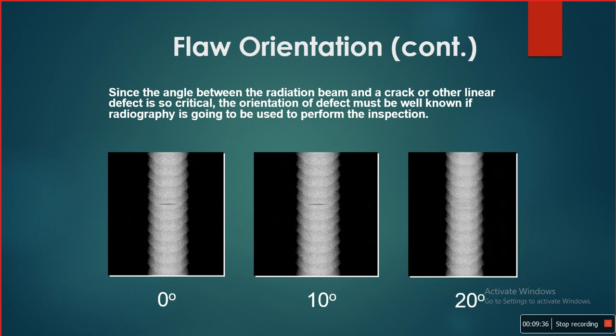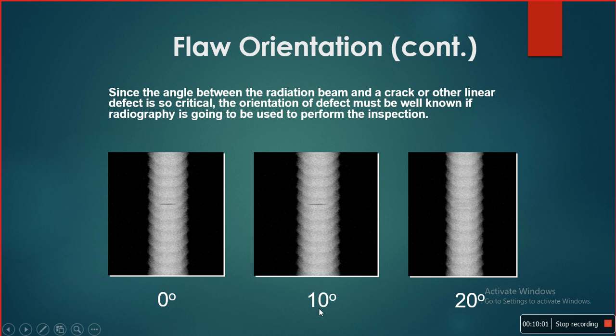Now see, when the radiation penetrates the object at a 20-degree angle, we can't get the details of the flaw or crack. This is the radiograph of a welding joint. In the first diagram we get the proper details of the crack.